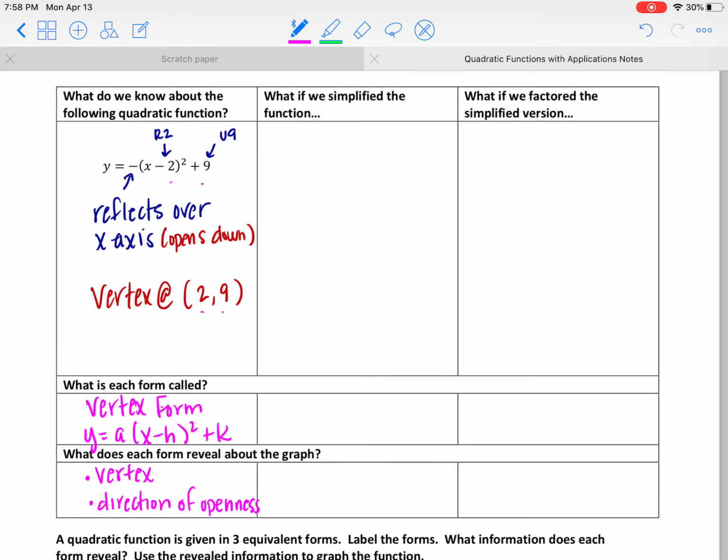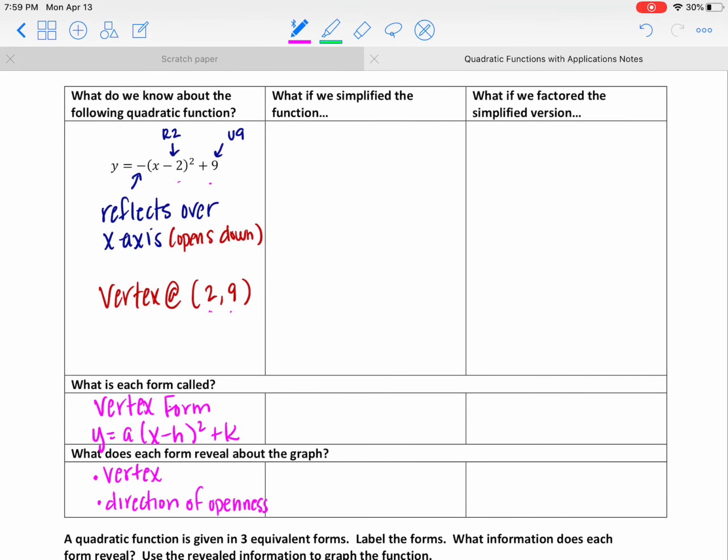All right, now, let's say we take this exact same function and we simplify it out. That means take the x minus 2 and actually square it out, and then add the 9 and multiply, simplify it out. If we were to do this, we're going to get an x squared, and a negative 2x and negative 2x would give me a negative 4x.